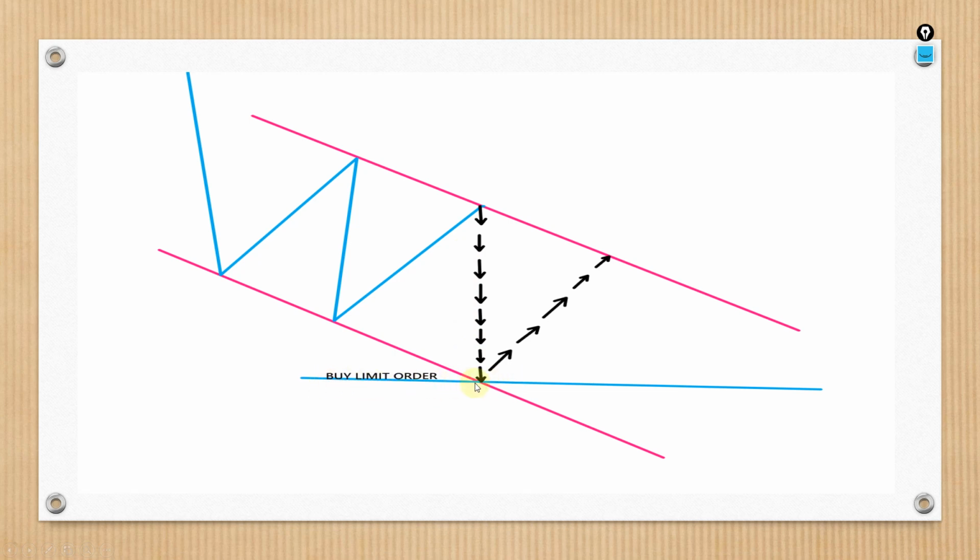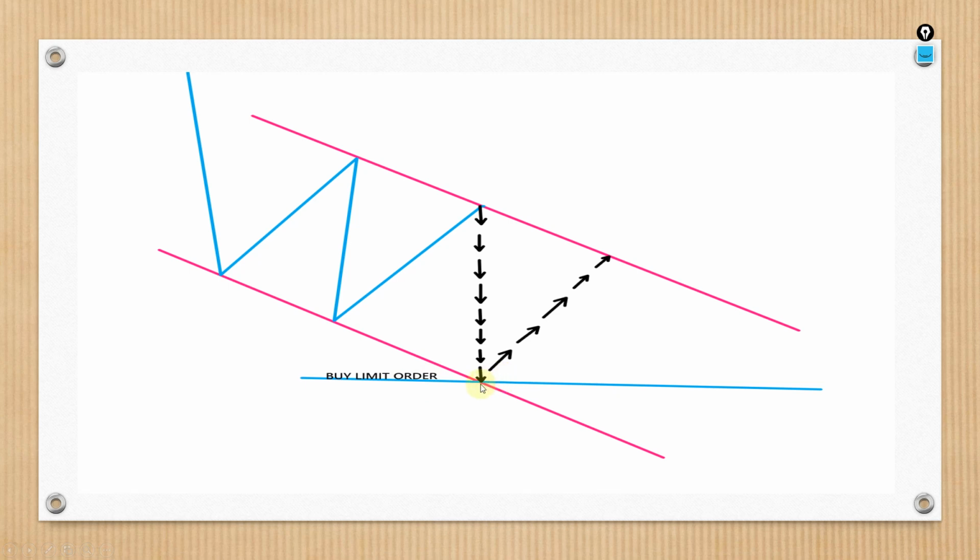What this means is that we'll only enter the trade once price reaches that particular point of our interest. So if you're going to be busy, you're not going to be around, you don't want to miss out, you can set a buy limit order.